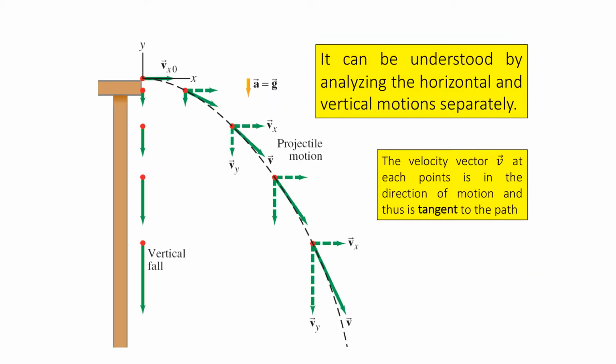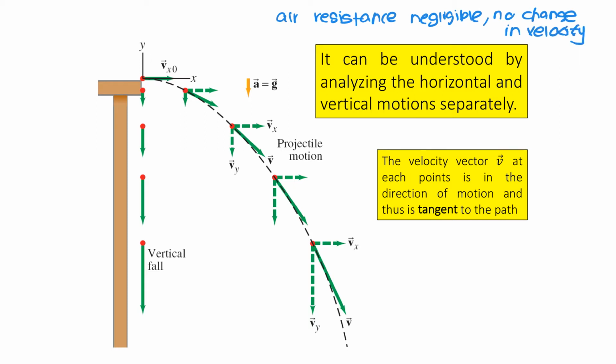So in this concept of projectile motion, we analyze the horizontal and vertical motion separately. Like I mentioned before, because air resistance is negligible, there will be no change in the velocity, so no acceleration.